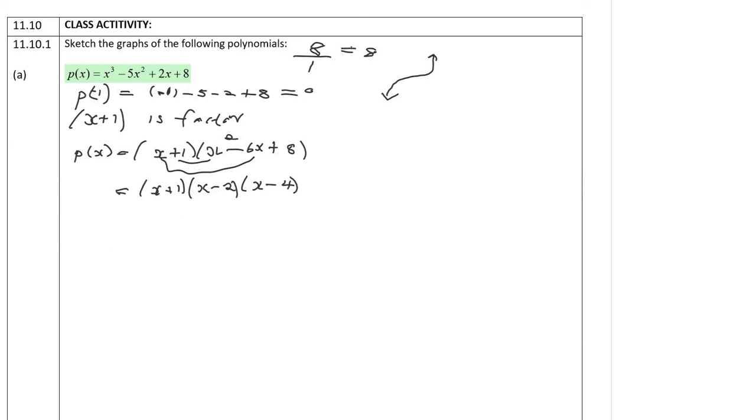Alright, so now I can find my x-intercepts. Let's just go here for space. So x is negative 1, or 2, or 4.